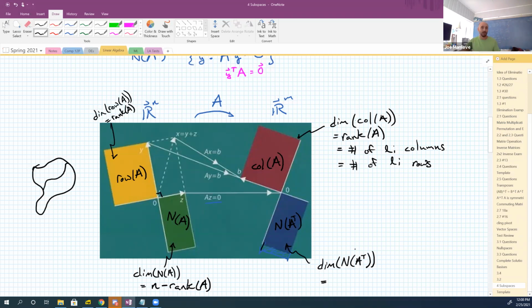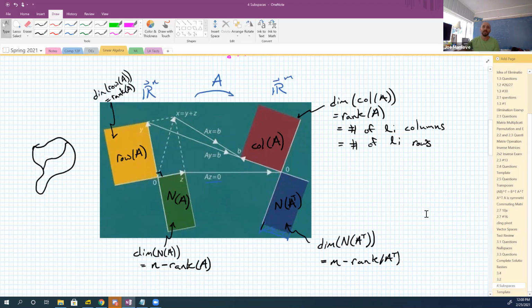It was just some matrix. A transpose is some matrix. So this should be the dimension of the domain minus the rank of the matrix. Now, the rank of a transpose matrix is the same as the rank of the matrix itself. So this should equal M minus the rank of A.